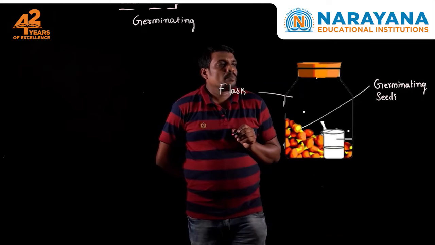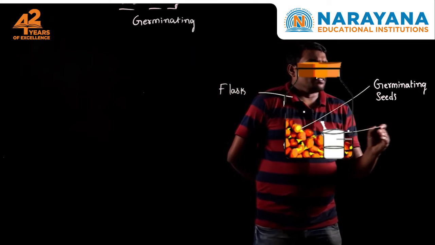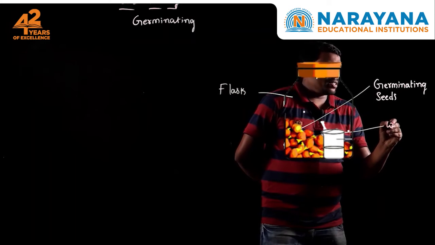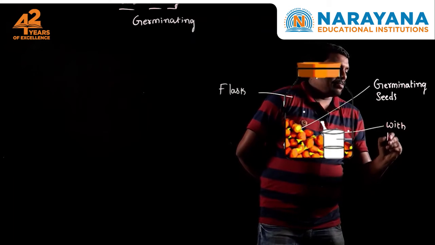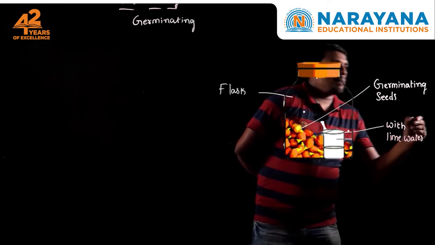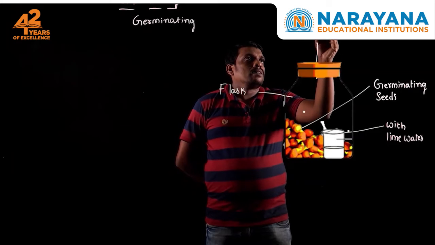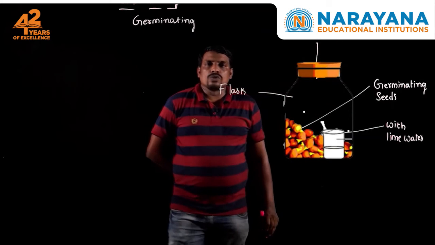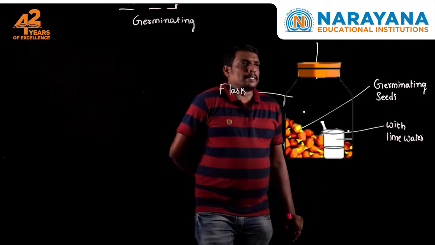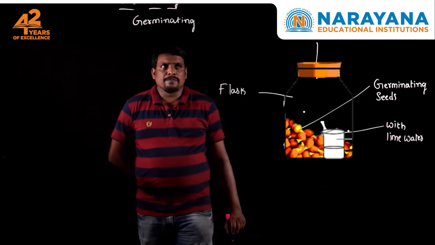Along with these germinating seeds, a small beaker with lime water, and there is a lid which closes the mouth of this flask or the transparent glass jar. So these are the materials which we require.